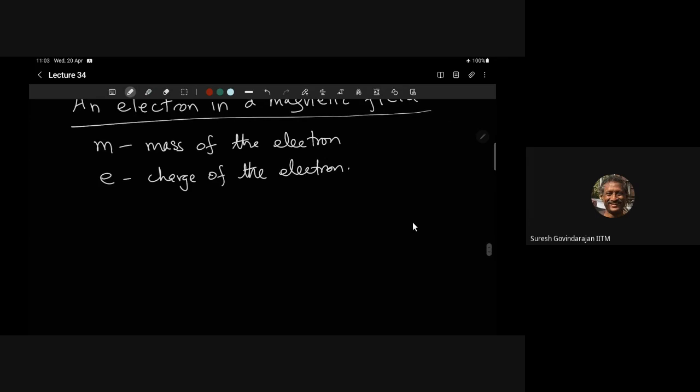So the Hamiltonian, plus there is this spin coupling, which is g times the Bohr magneton times S dot B, and I have to divide by an h bar because there's an h bar in this thing.